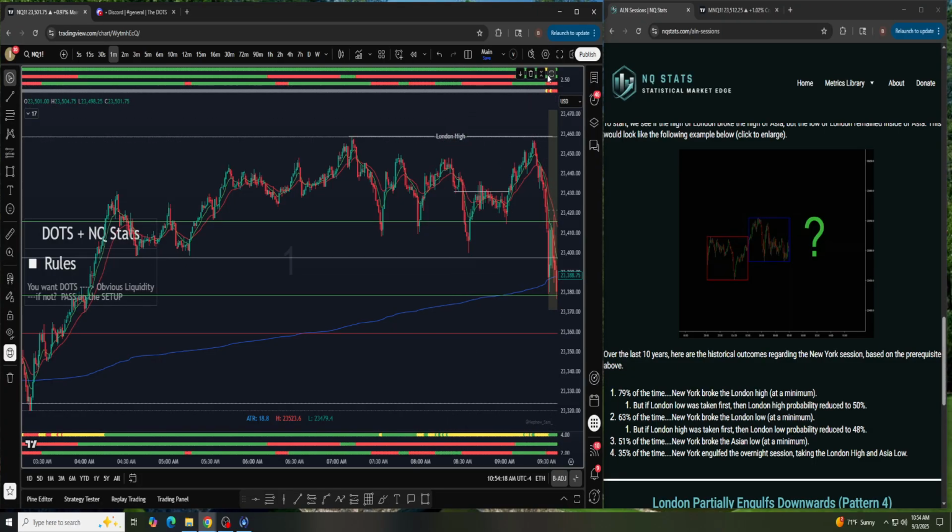When dots are mixed, I am doing nothing. Specifically, I want green dots because the odds are favoring. Is this absolute? No, but you want to trade with the wind at your back. If that's not the case and green dots happen, that doesn't work for me. I want green dots to obvious liquidity.